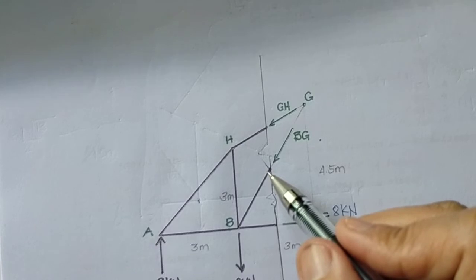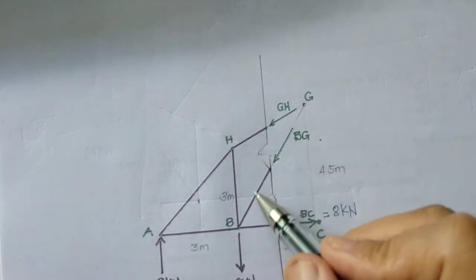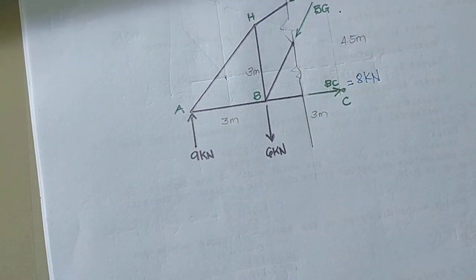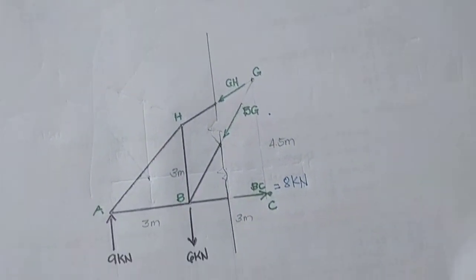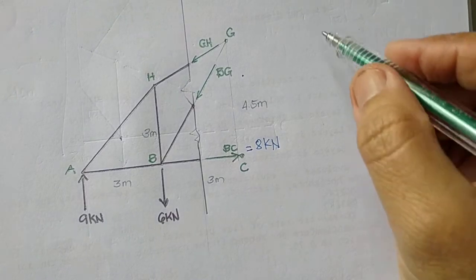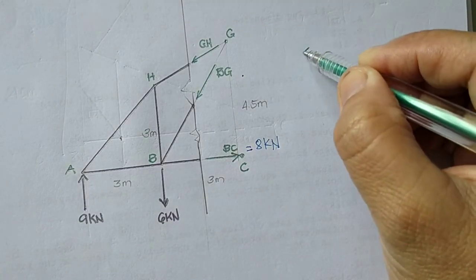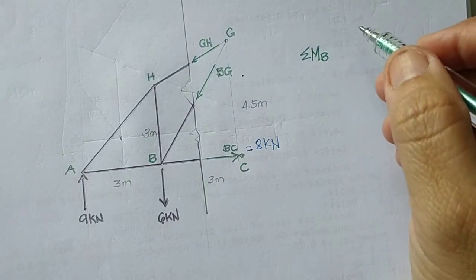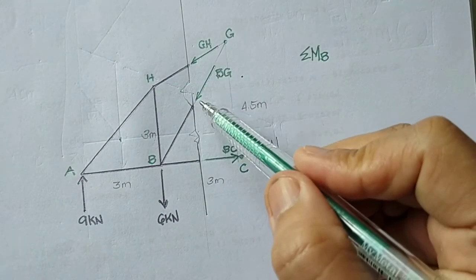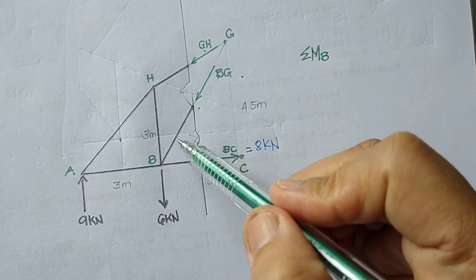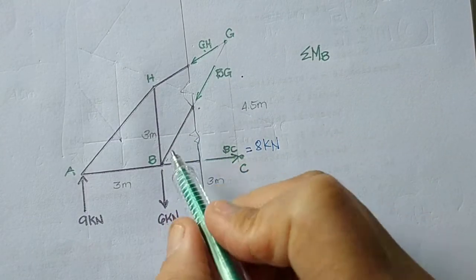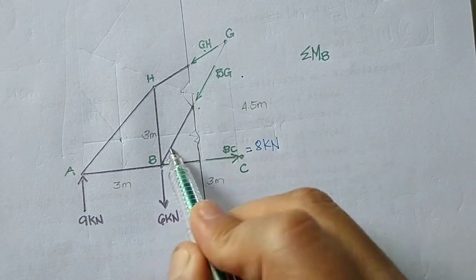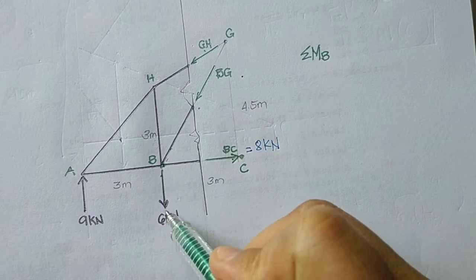Again, through the transmissibility principle, we can sum up the moment at point B. Assuming that BG is compression and GH is compression, if I sum the moment at B, because BG is concurrent, it is 0 here, BC is 0, and this 6 is 0.